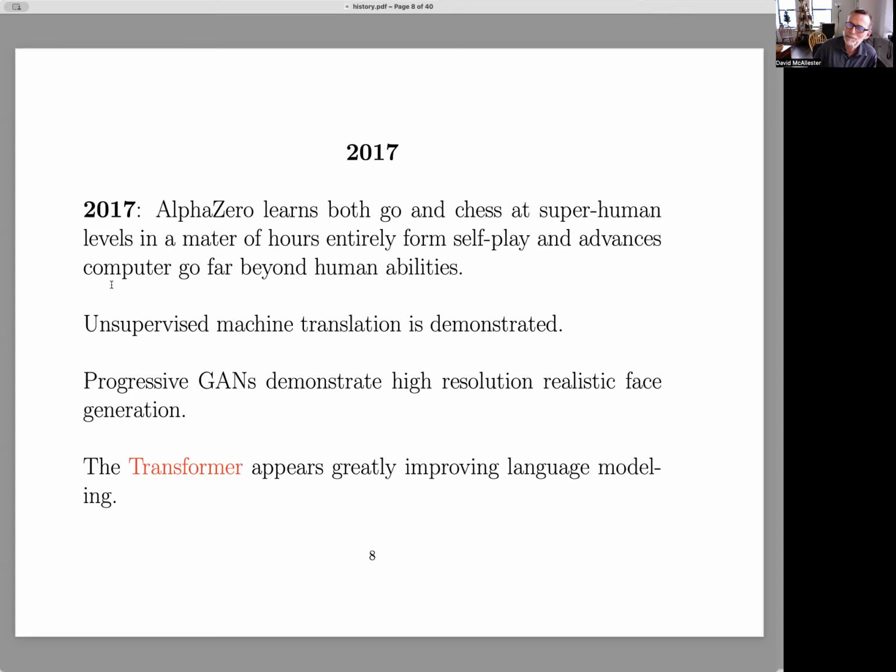This is astounding. Also in 2017, a big splash was made by something called unsupervised machine translation. Here you take a corpus of English text and a corpus of German text, and you don't give it any translations.